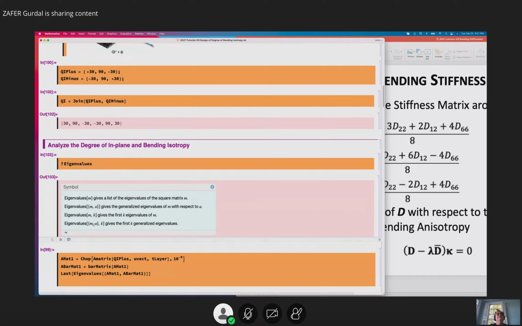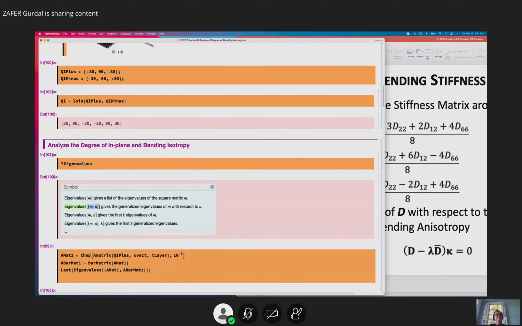And this is the generalized eigenvalue, first k values of the generalized eigenvalue. So generalized eigenvalue is A, comma, A bar. So I'm going to call this A mat 1 with the QI plus, then compute the A bar matrix, and find the eigenvalues of it, and take the last eigenvalue, which is the smallest.